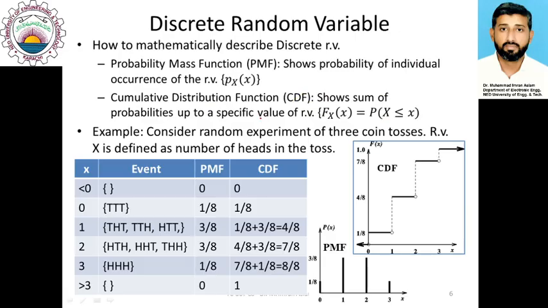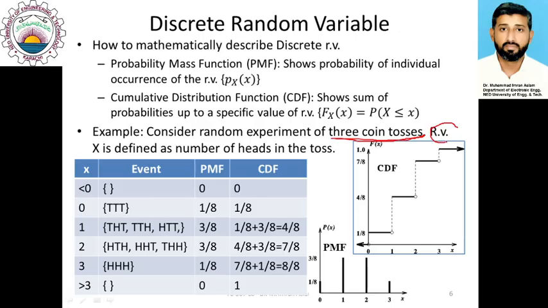So in order to illustrate this difference, let me give you a simple example that we have previously discussed as well. Consider the random experiment of 3 coin tosses. We have previously discussed that when you toss 3 coins, the total outcomes are 8. So the sample space contains 8 sample points.